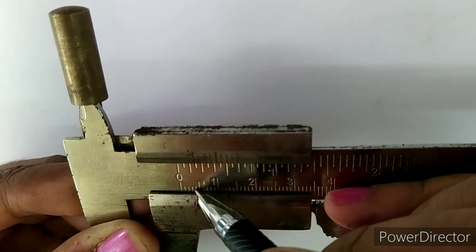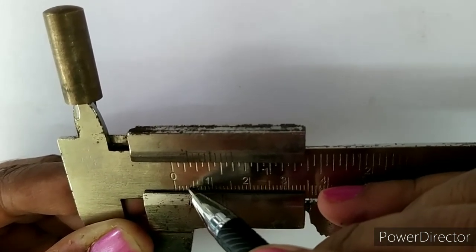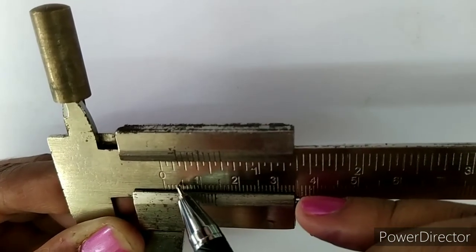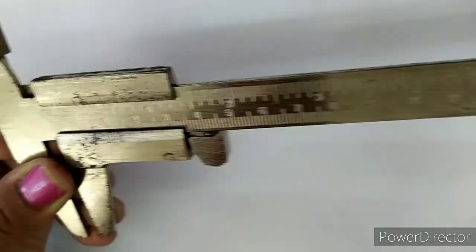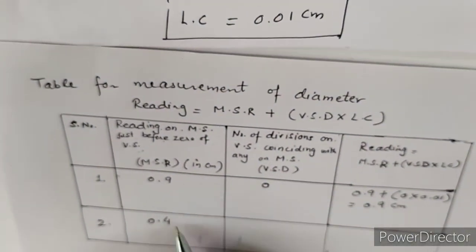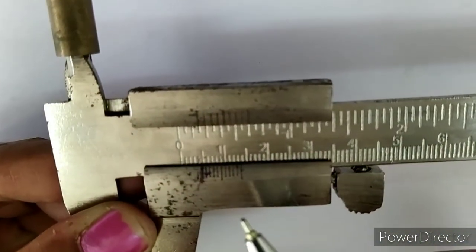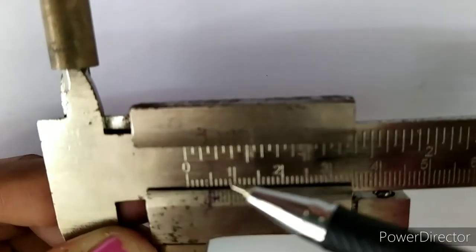So just before 0 of vernier scale is this 4th of main scale. So 4th division means 0.4 centimeter is the reading. 0.4 centimeter, and we will now see which division is coinciding on vernier scale.